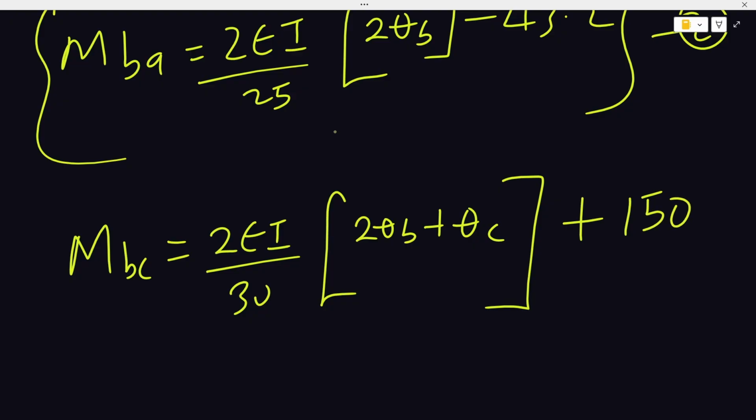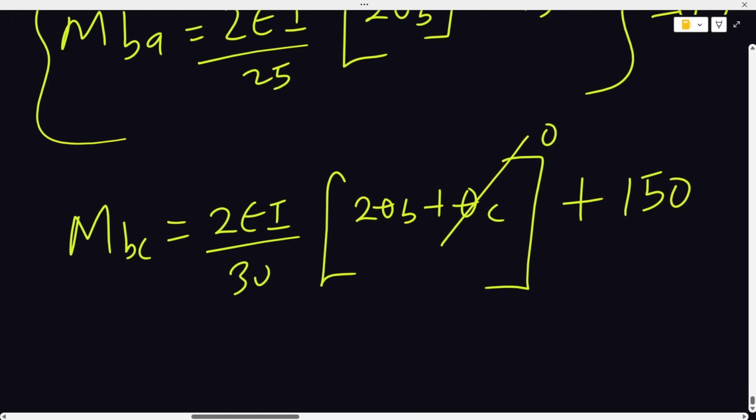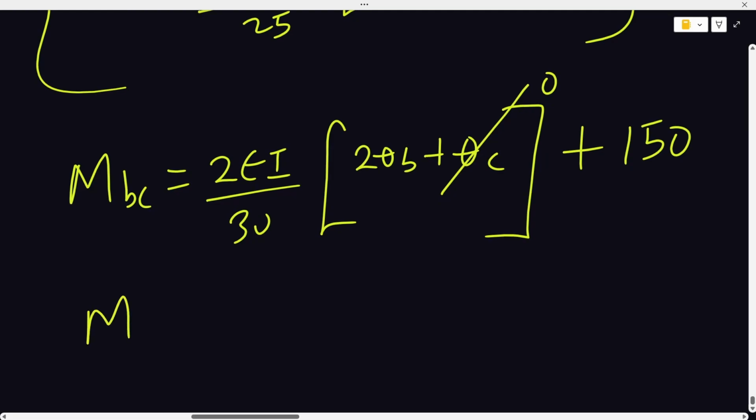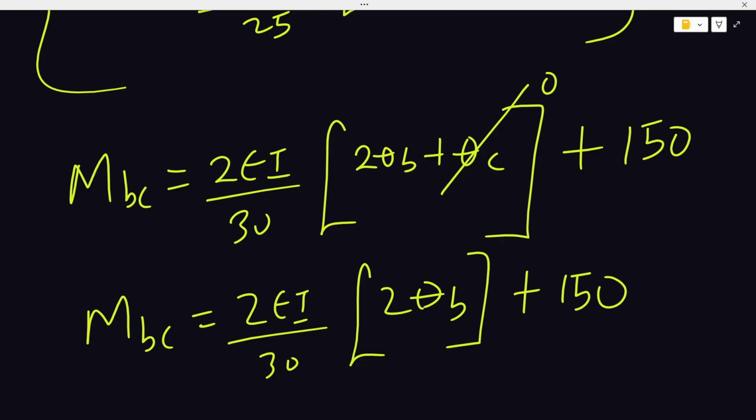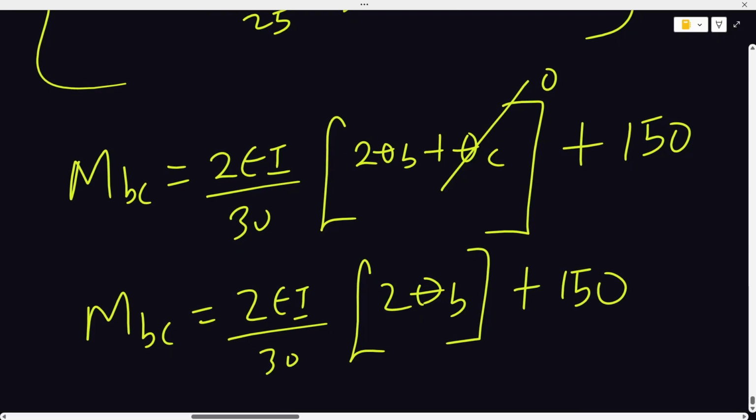So once again, theta C is 0, fixed end boundary condition. So MBC gives me 2EI over 30, 2 theta B plus 150. Equation 3.